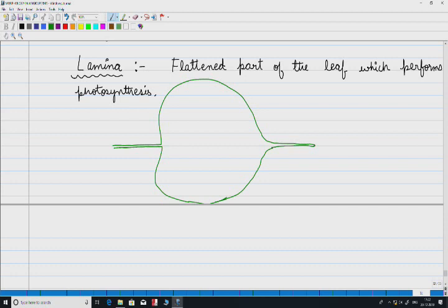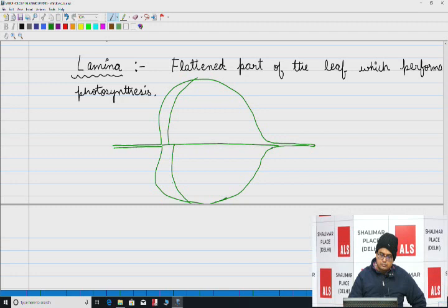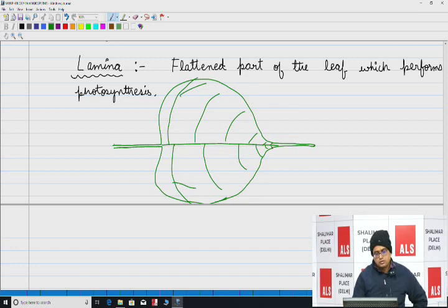Peepal leaf is like this. This part is the leaf base.